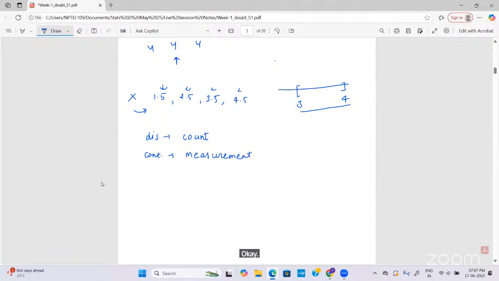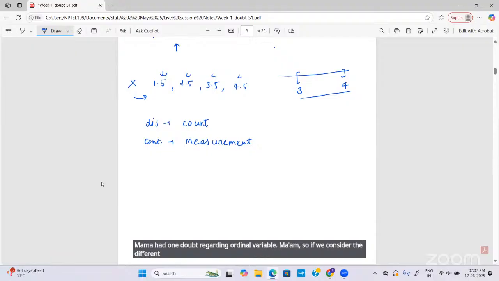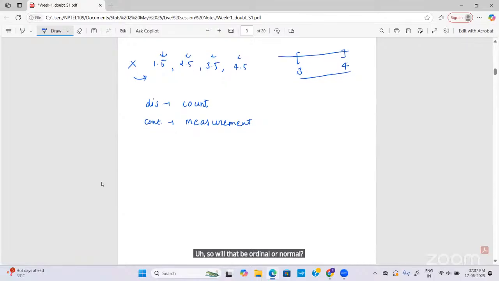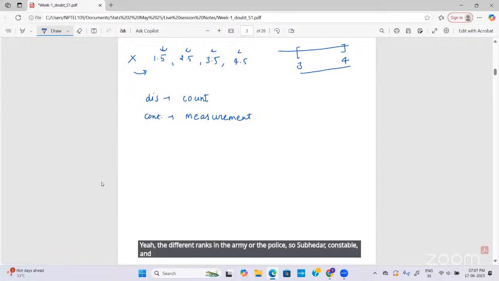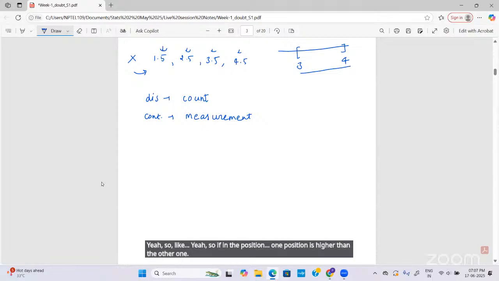Ma'am, I had one doubt regarding ordinal variables. If we consider the different ranks in the army or the police, like Subedar, Constable, and so on, will that be ordinal or nominal? If one position is higher than the other, then it will be ordinal.